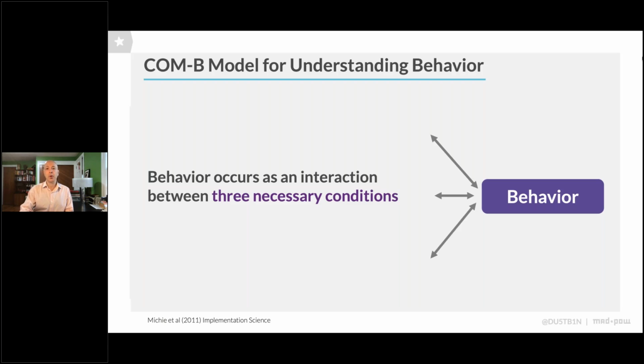And the model that we think is really powerful for both diagnosing and prescribing behavior change interventions is called the COM-B model, which was developed by researchers at University College London.